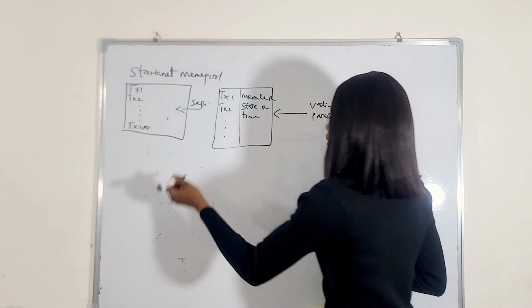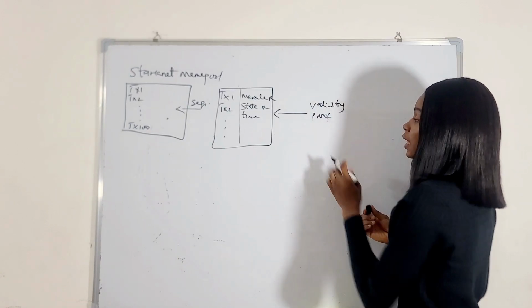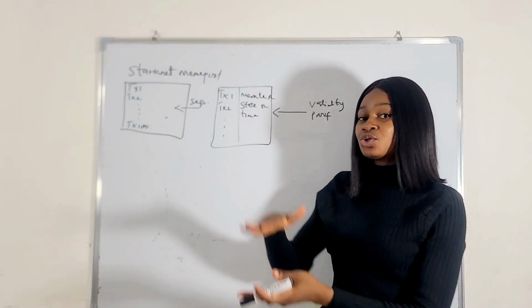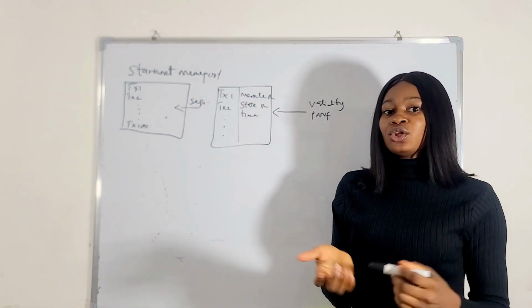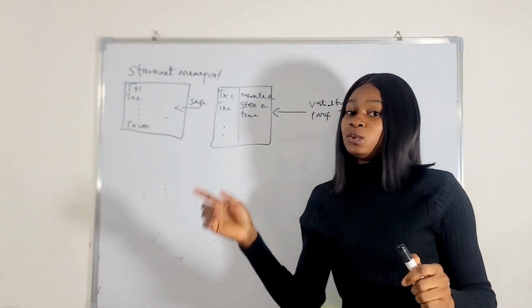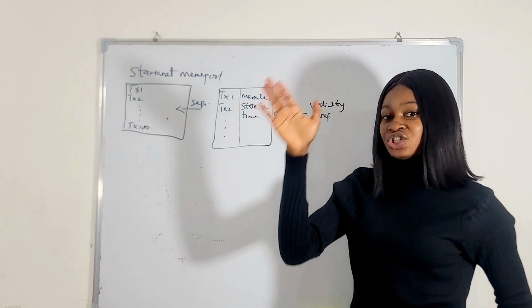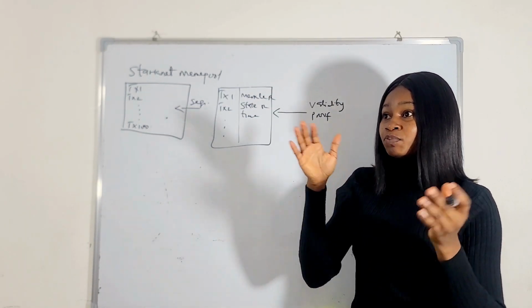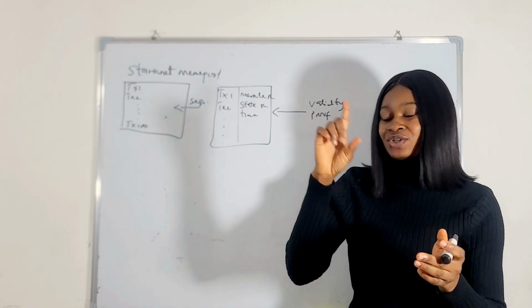The validators collect this validity proof, and prior to that, another thing that Starknet does is that it batches transactions. In Ethereum, transactions are processed one by one. But in Starknet, it can batch thousands of transactions, reducing the work of processing them one by one.